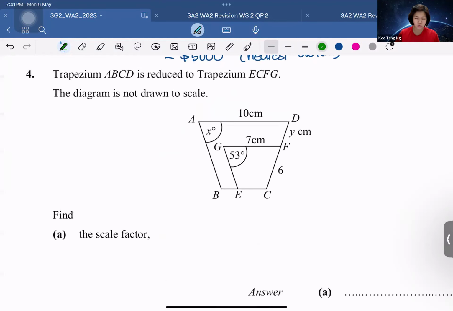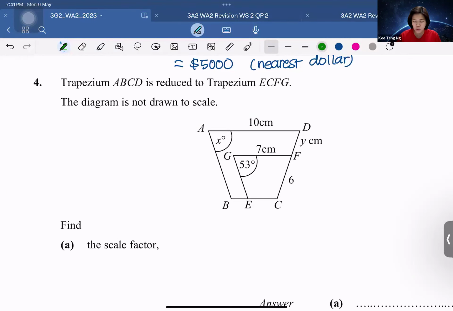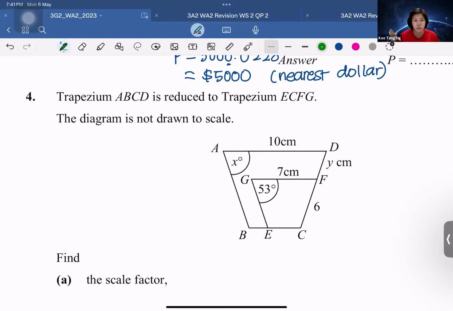Now, this question involves scale factor, enlargement, and reduction. So pay attention. Some of you are not sure which is original, which one is image. So let's take a look at the question. Trapezium ABCD reduced to trapezium ECFG.